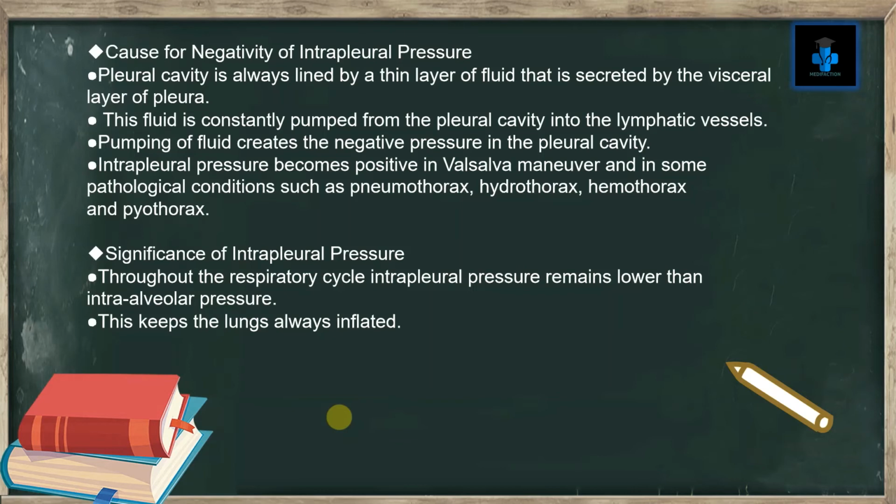Intrapleural pressure becomes positive in Valsalva maneuver and in some pathological conditions such as pneumothorax, hydrothorax, hemothorax, and pyothorax. The significance of intrapleural pressure is that throughout the respiratory cycle, intrapleural pressure remains lower than intra-alveolar pressure. This keeps the lungs always inflated.